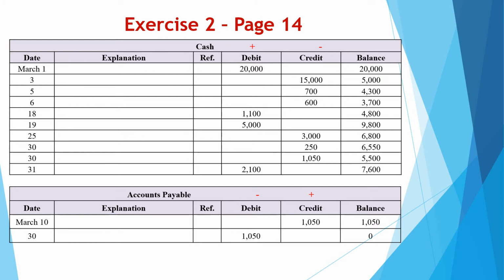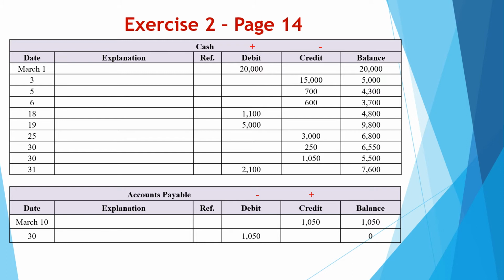We have the cash in credit for 1,050. So we transfer this credit amount to the ledger, and we put 1,050 in the credit column of the ledger, and we find the new balance, which is 6,550, the balance of the previous date, minus 1,050 equal 5,500.